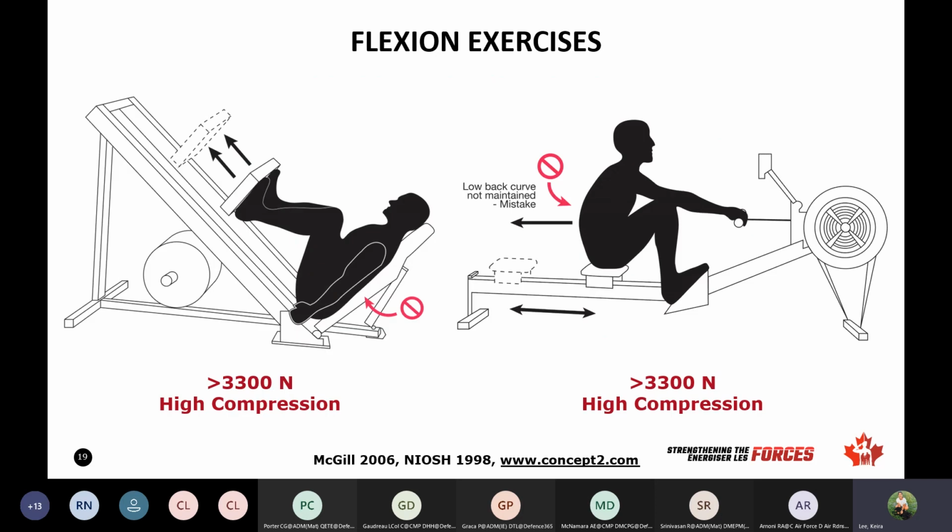On top of body weight exercises, fitness training equipment can also generate high compression forces. One common one that we see in almost every gym is the one on the left here, the leg press. This one generates more than that 3,300 newton recommended limit of forces on our low back.